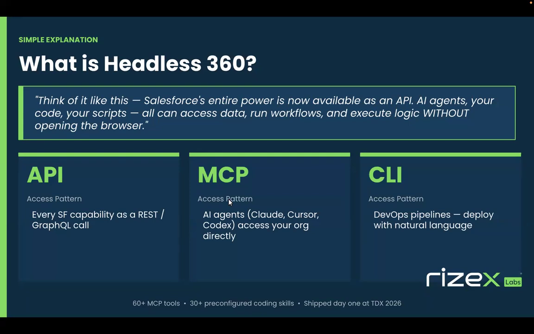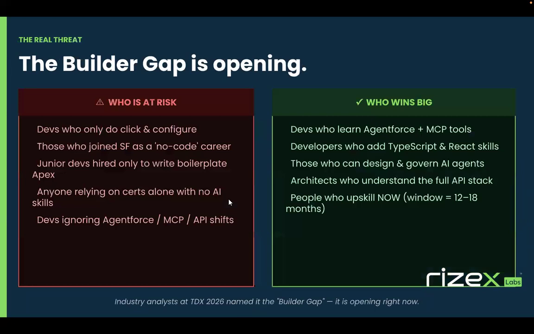Now, Salesforce has become an AI infrastructure platform, meaning AI tools like Claude, Cursor AI, Codex by ChatGPT, GPT agents, various LLMs like Gemini can directly talk to Salesforce using APIs, MCP tools, and CLI commands. This is called headless Salesforce, meaning Salesforce without the traditional UI. Why is it important?